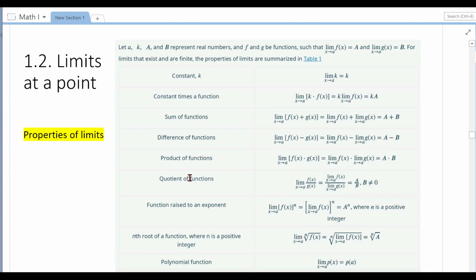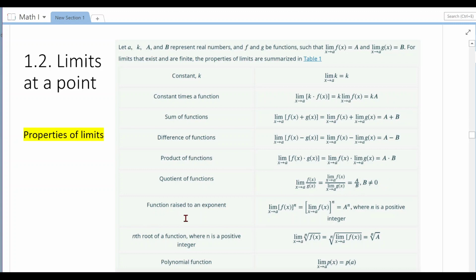For quotients of functions, in other words division, the limit of function f divided by function g equals the limit of function f divided by the limit of the other function g. So a divided by b, as long as b is not equal to 0.